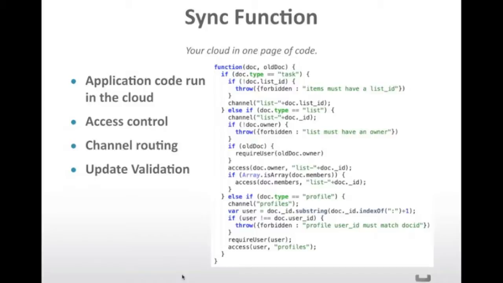But between this and the ability to have potentially a robot on your server that is subscribed to certain channels, like you may make a channel for documents that need to have a push notification sent via Urban Airship or something, you can just have a robot subscribed to the push notifications channel off of the sync gateway.